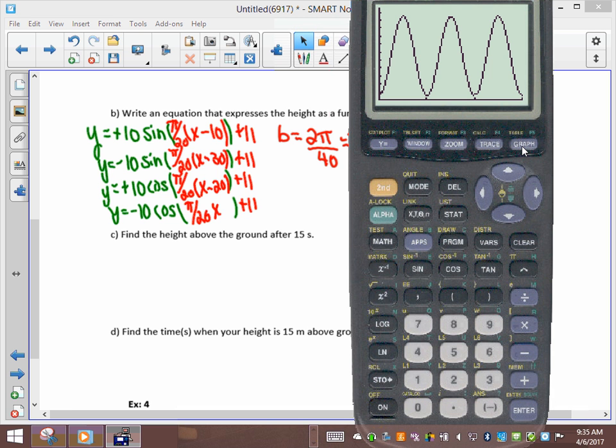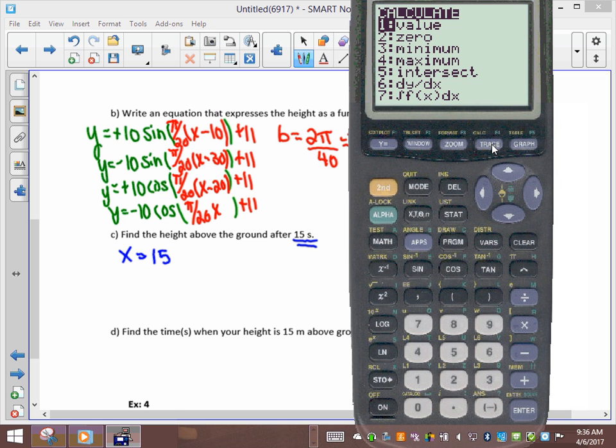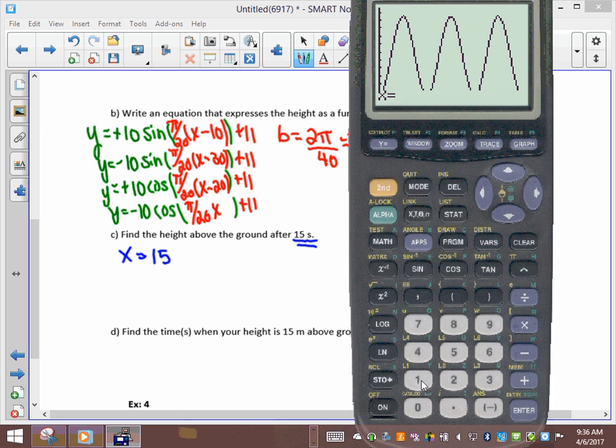So this one says, find the height above the ground at 15 seconds. The hardest thing for us is to decide, did it give us X or did it give us Y? X. Where's the only place we can put in an X value? So second, trace, value, 15.